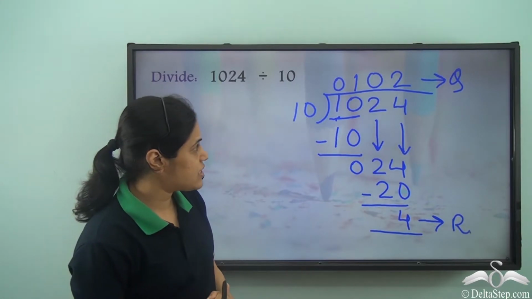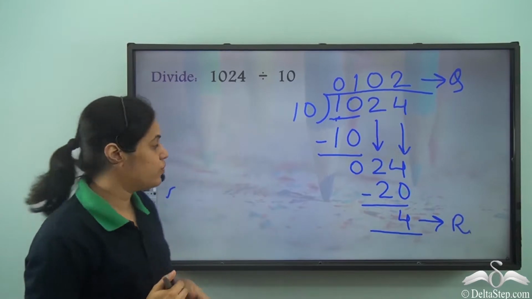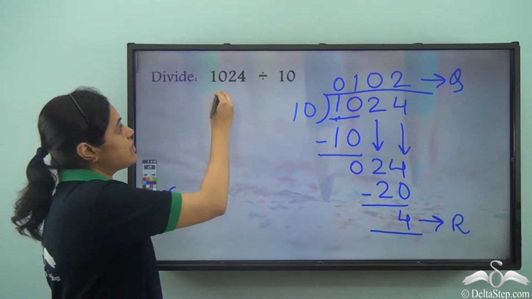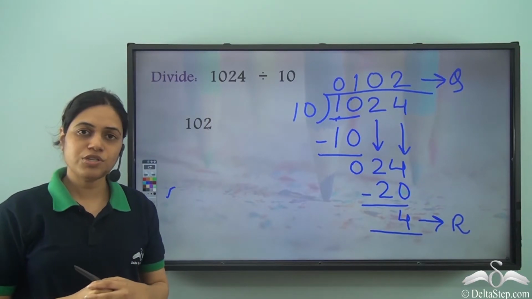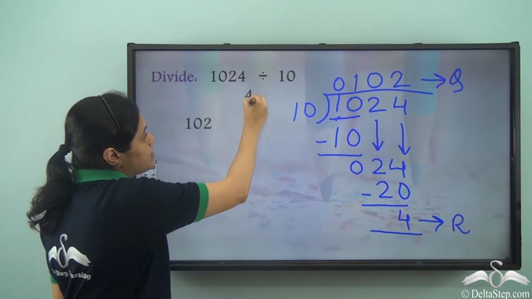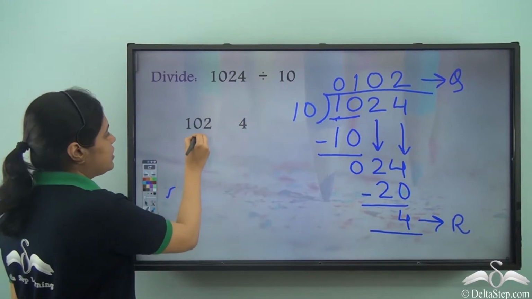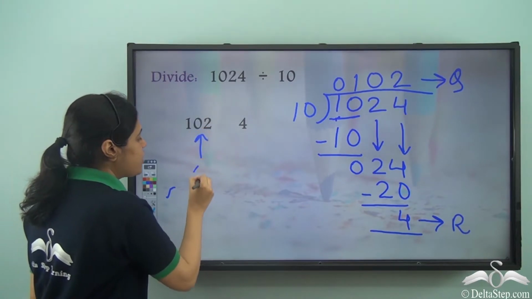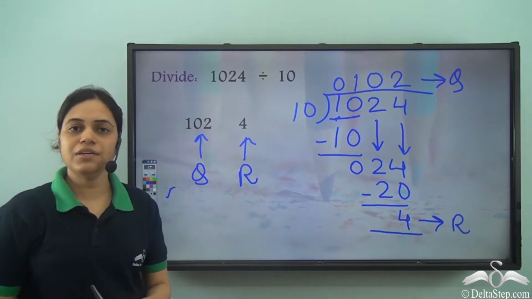Now if you notice something, the quotient is 102. If I look at this number, then this part is the quotient and the remainder is 4. That is the units digit. So this is my quotient and this is my remainder.